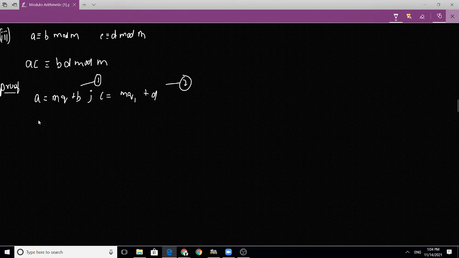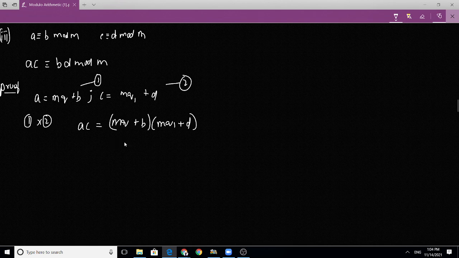I multiply equation 1 into equation 2, which gives us ac equals mq plus b into mq1 plus d.